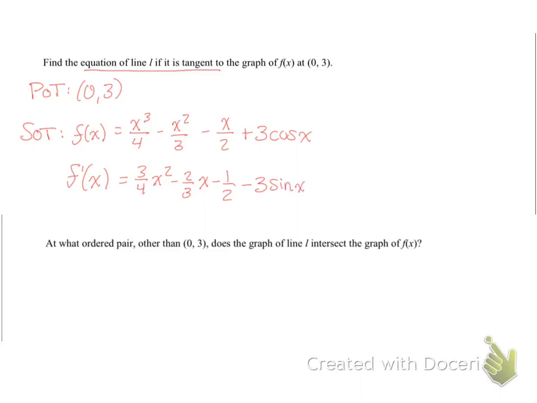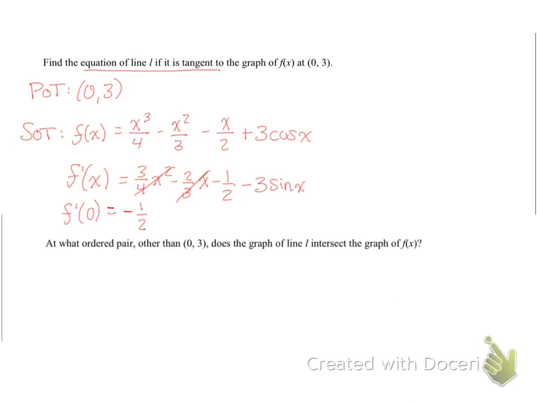Okay, now we plug in the x value of our point of tangency for x. So we have f prime of 0. Well, that's going to knock off that one, that one. I have negative 1/2, and sine of 0 is 0. Okay, so f prime at 0 is just negative 1/2.